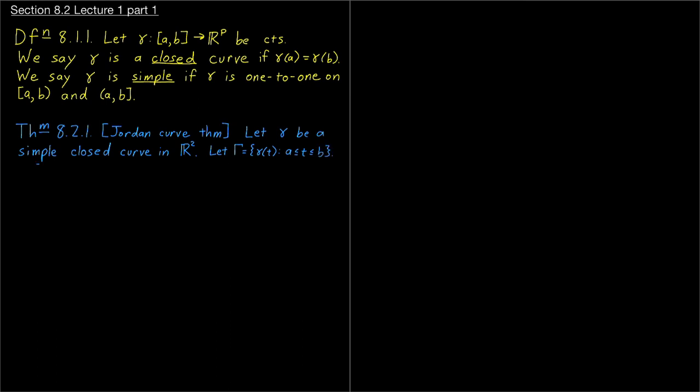And the conclusion is that R^2 minus Gamma has two connected components, both of which are open because Gamma is closed, and in fact compact.